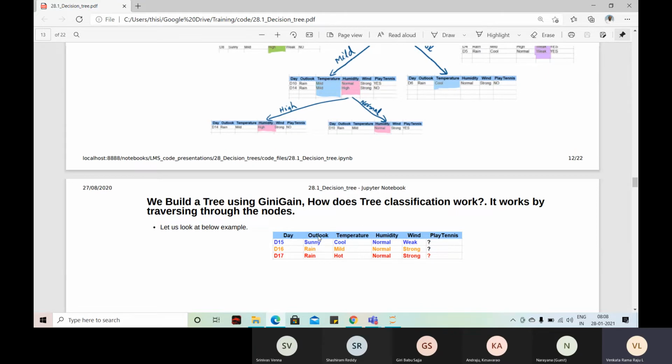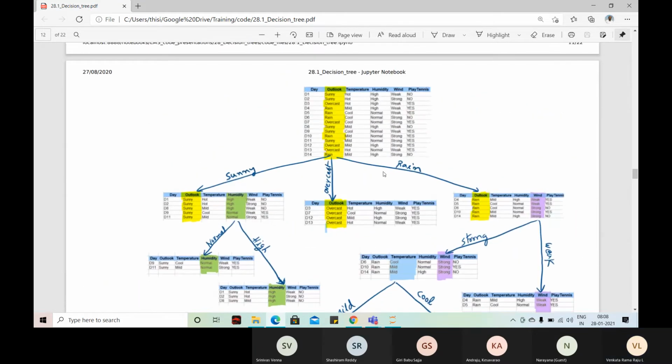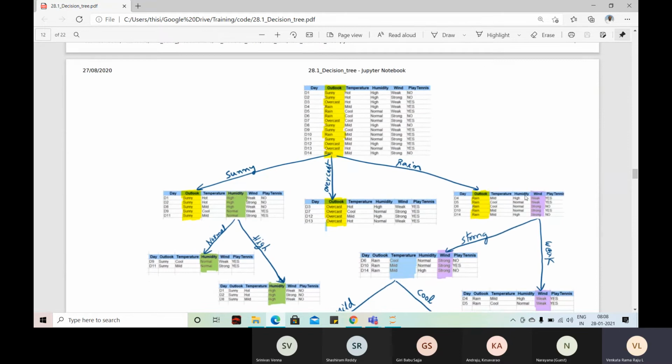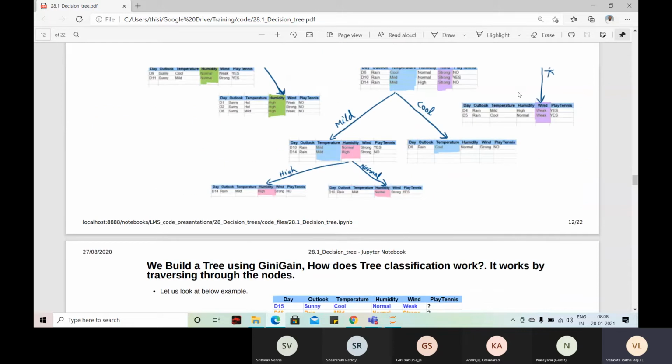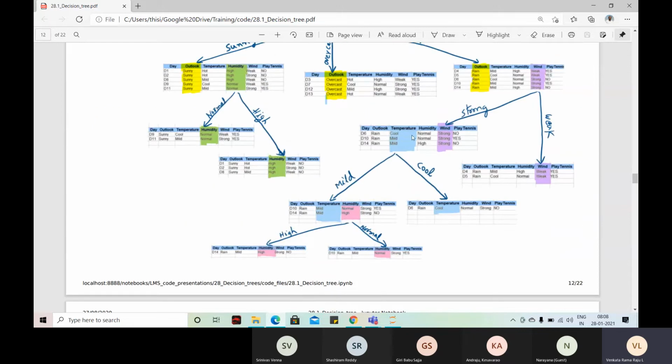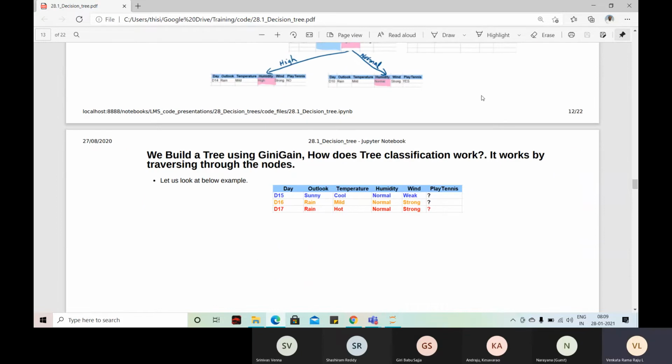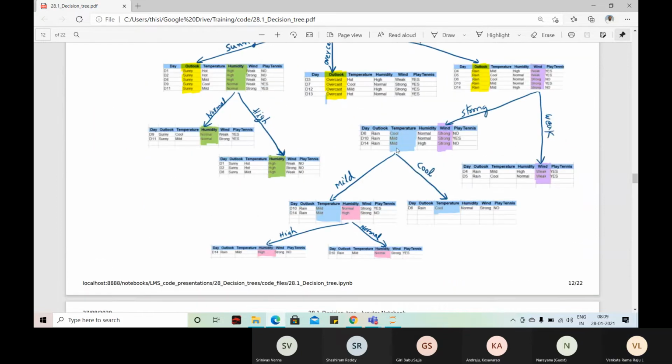Outlook is rain. I came this direction. Wind is strong. I came this direction. Now I need to look into temperature. Temperature is hot. Do I have temperature hot here?